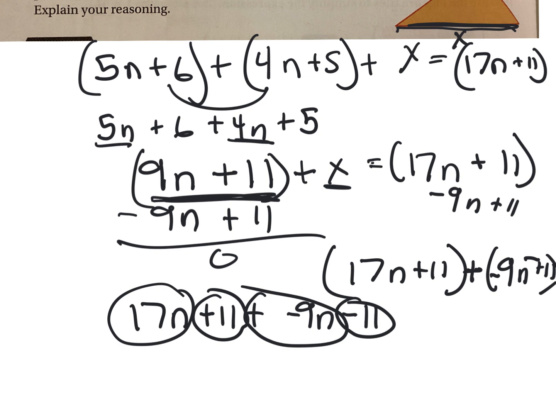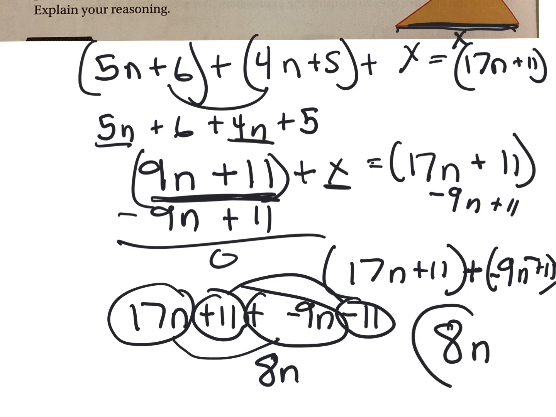Let's put the n's together. 17n put together with a negative 9n gets me 8n. And then if I put these two together, a positive 11 plus a negative 11, that's 0. So my answer is 8n. 8n is the third side of that triangle.